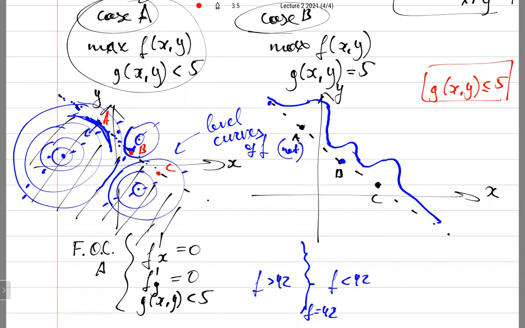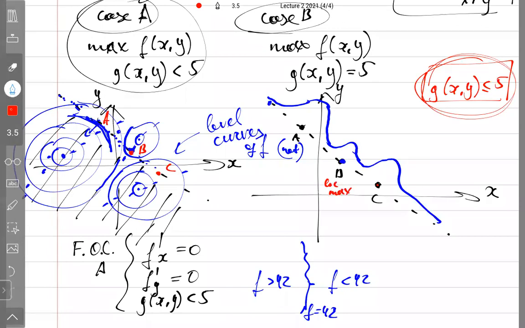No, because to go up the hill B, I need to break the rules. I need to have g of x and y greater than 5. So B is a local extremum, a local maximum.